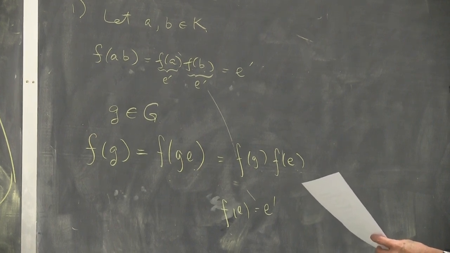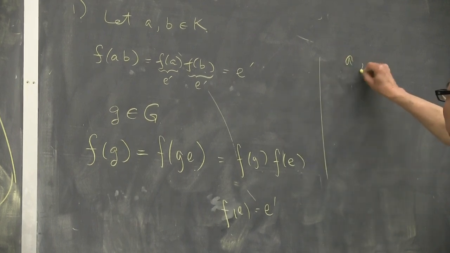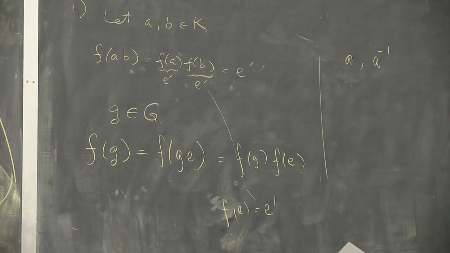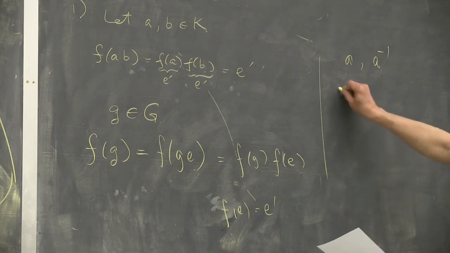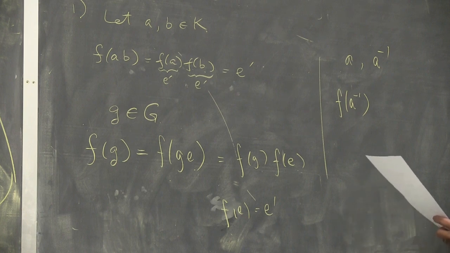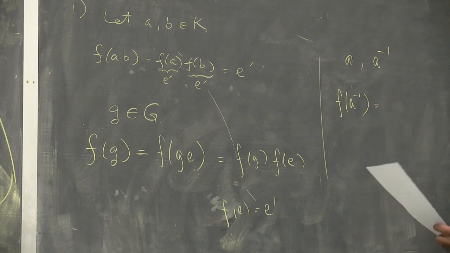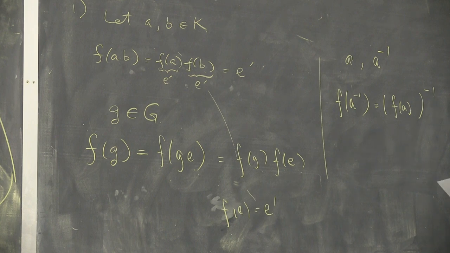Now we also have to show that if A is in the kernel, A inverse had better also be in the kernel, otherwise the kernel wouldn't even be a subgroup. Okay. So how do we show that? We just have to show that f of A inverse must be equal to E prime. But f of A inverse, and we have shown this already, is equal to the inverse of f of A, if f is a homomorphism.